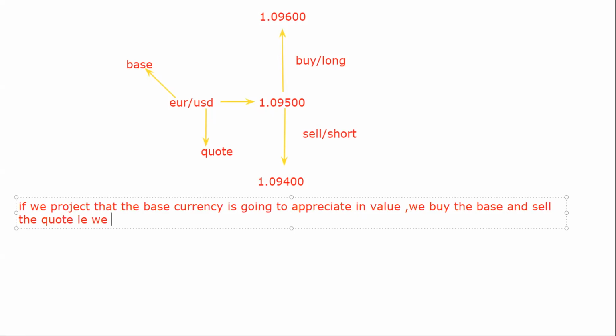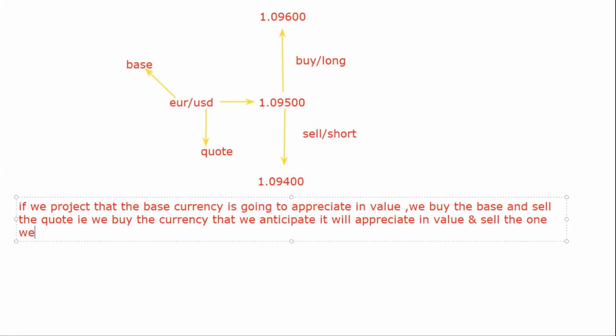That is, we buy the currency that we anticipate will appreciate in value and sell the one we anticipate will depreciate in value.